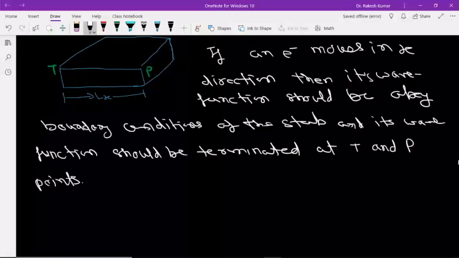So if an electron moves in x direction, then its wave function should obey the boundary condition of this slab.